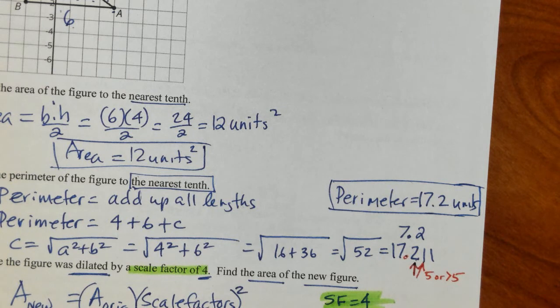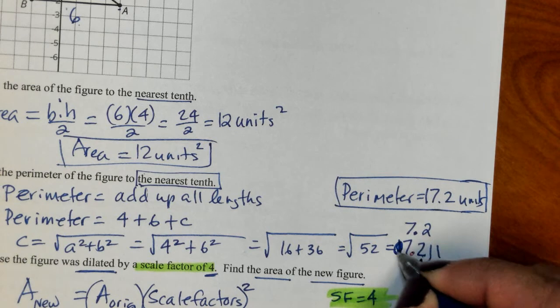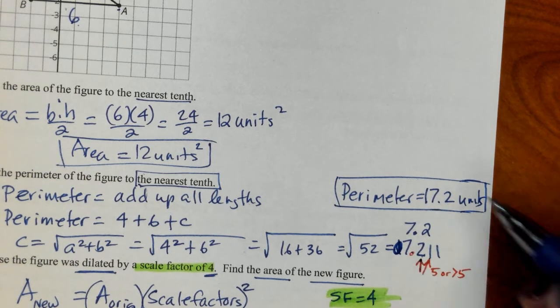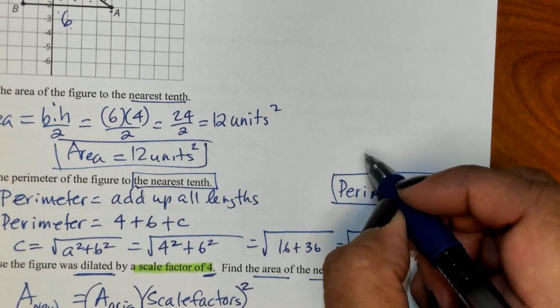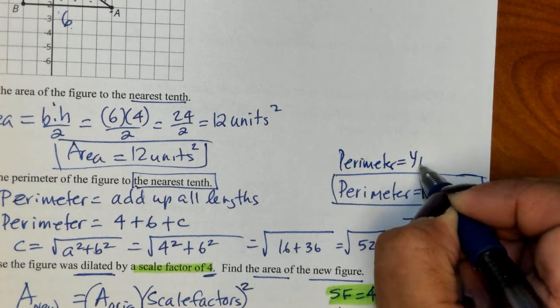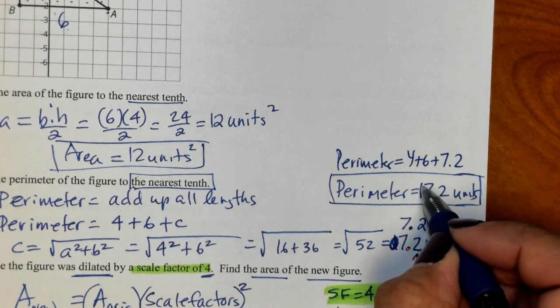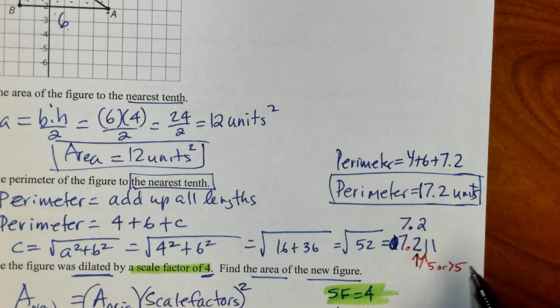Okay. All right. 7.2 was the C. The perimeter is 4 plus 6 plus the 7.2. And that's how you get 17.2 units. Okay? So my bad on that.